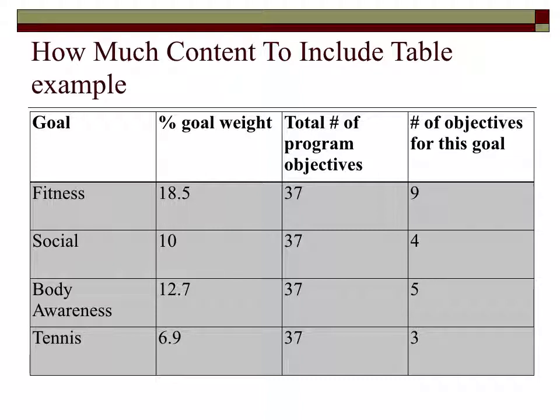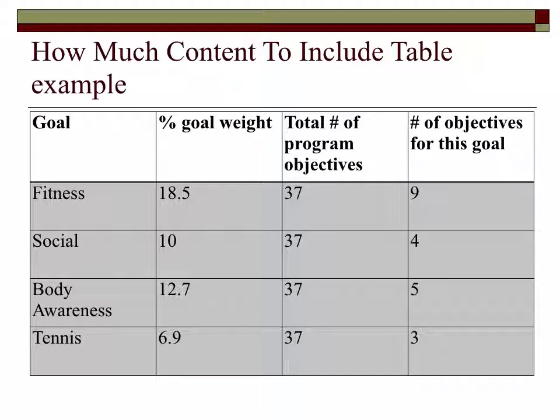And then what we do is some additional math. We do 18.5% times 37. So that would be 0.185 times 37. That tells us that we can cover 9 objectives for this goal. I'm rounding up or down, so you can't have half of an objective, so you have to have whole numbers here.